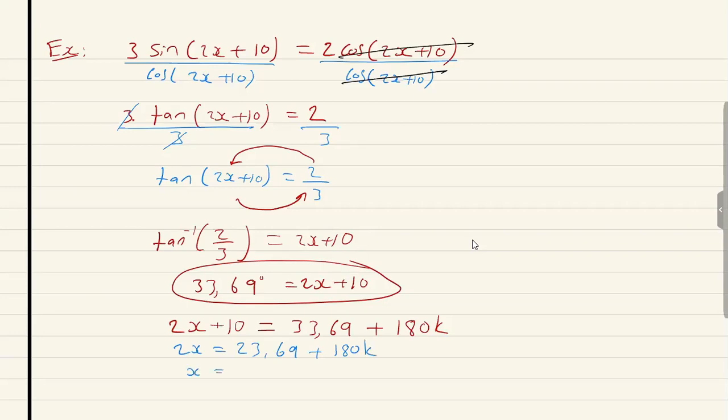X, what is it? 11,845 plus 90k, k is an integer. Is this clear, guys?